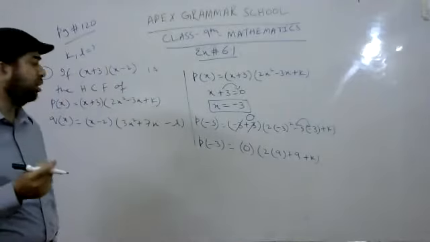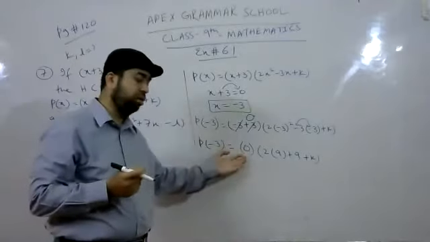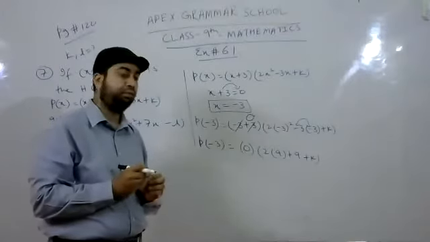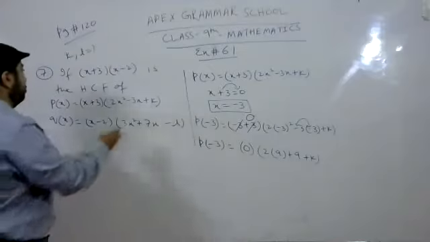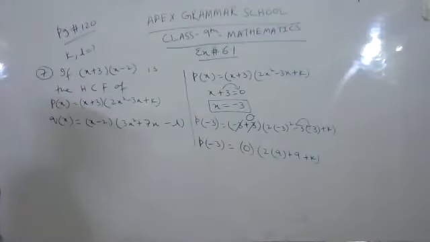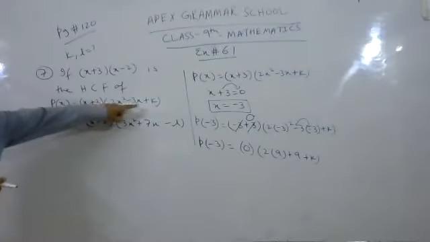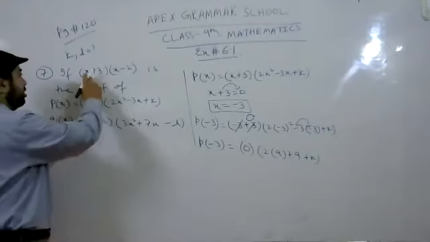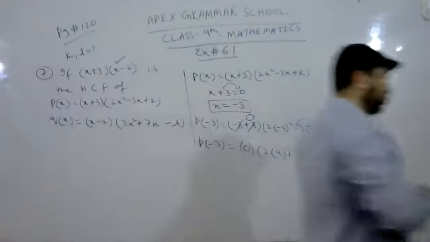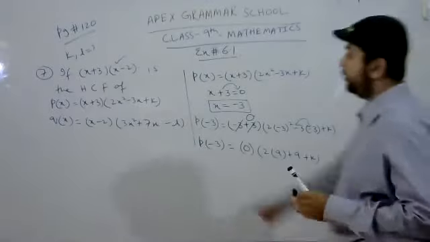Also it can work because the value remains 0 since it is a factor. But our requirement is to find the unknown variable, and the unknown variable here is k. So this does not work. Now we will try this factor.